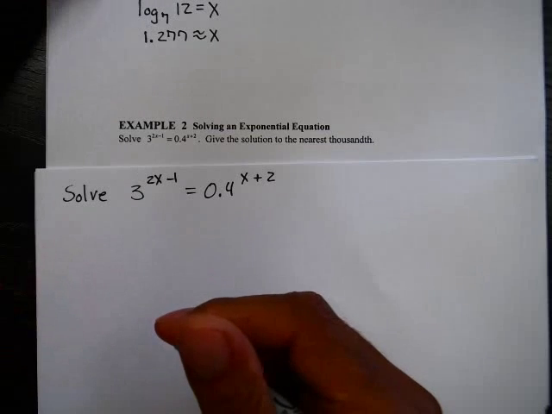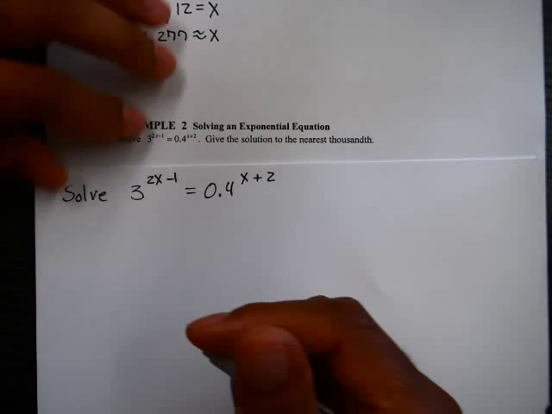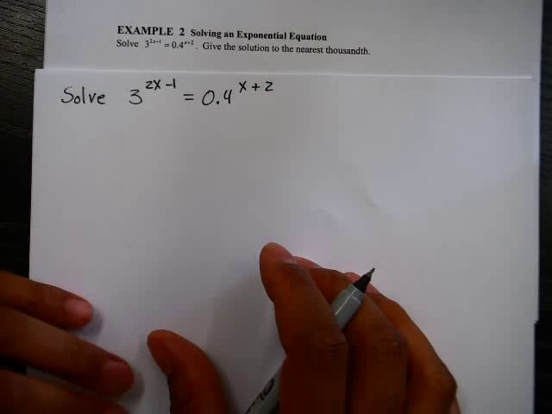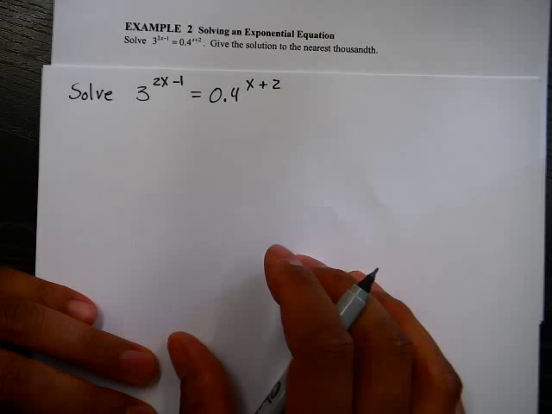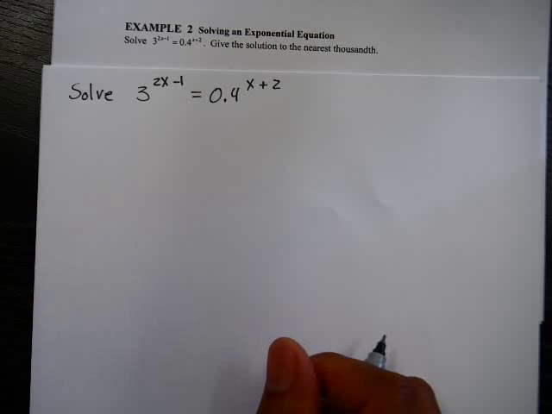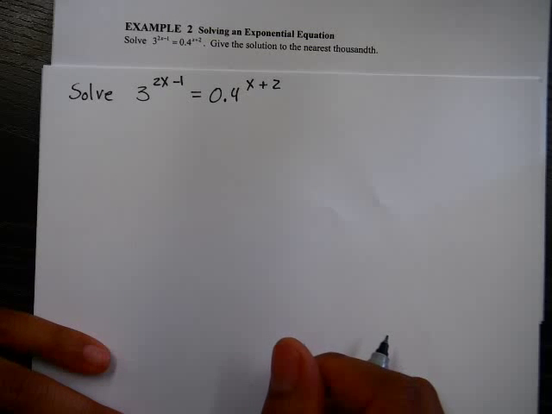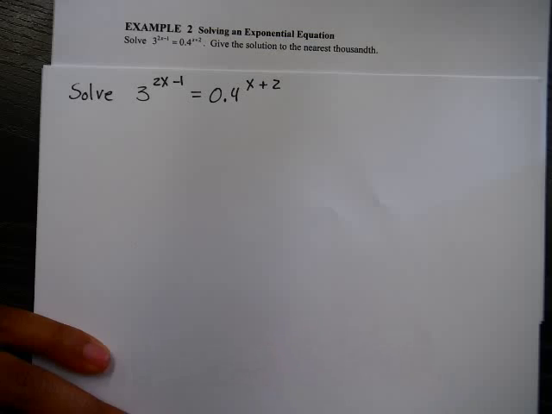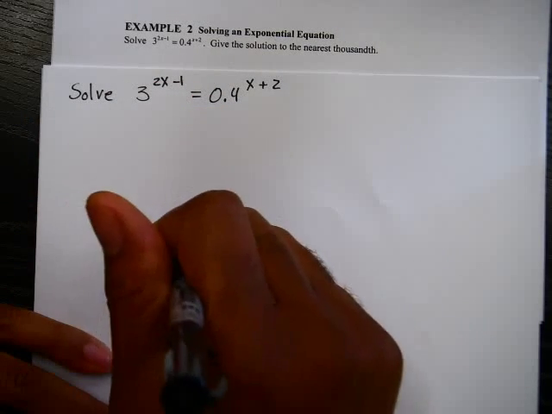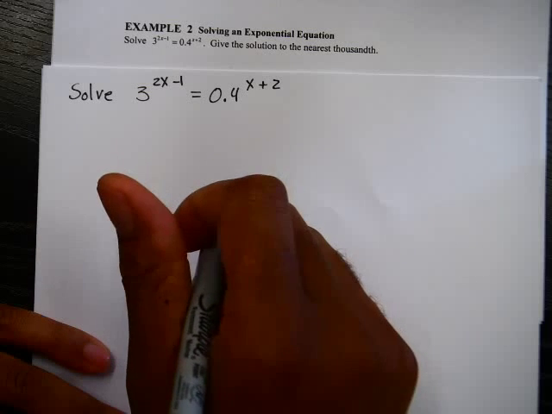One thing that we can use in this process here is one of the properties of logarithms that we went over from section 4.3. And that property of logarithms that we will use is the power property of logarithms. When I do problems like this, I like to use the natural log, which is LN on your calculator.